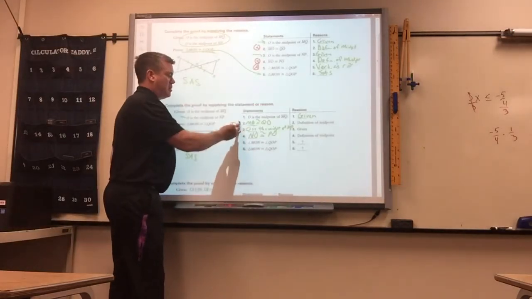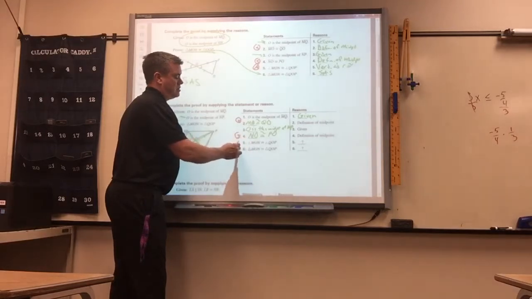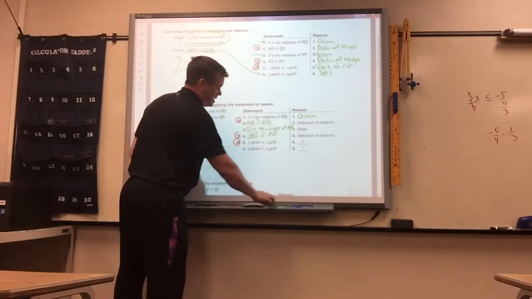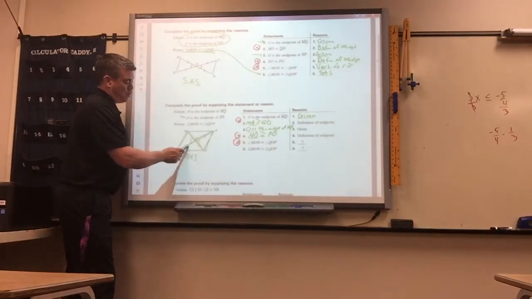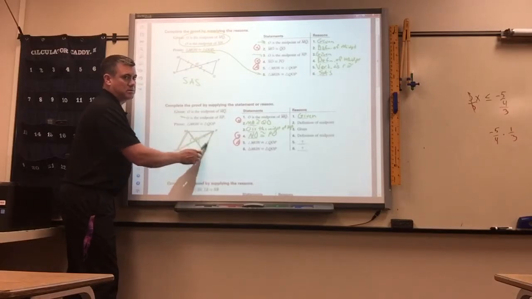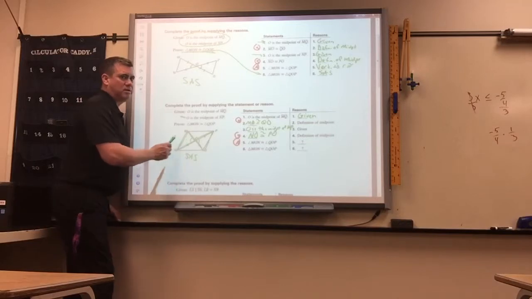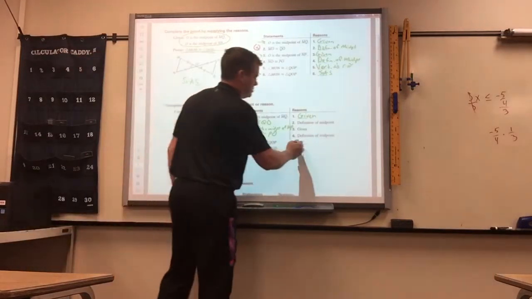So again, just like up here, there's two sides, and then here's the angle. But we need to put the reason. Why do we know that MON is congruent to QOP? Why do we know those angles are congruent? Vertical angles are congruent.